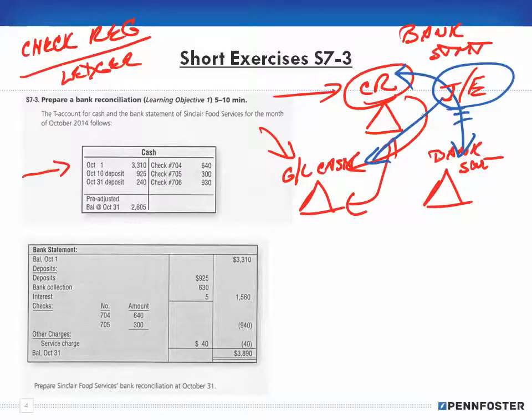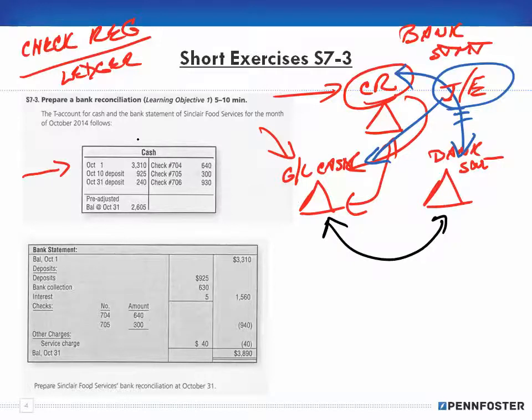So by reconciling your bank statement with your check register and then posting those journal entries, that should make your general ledger cash account the same as your bank statement. All three should be reconciled to the same amount. So there's really three parts.